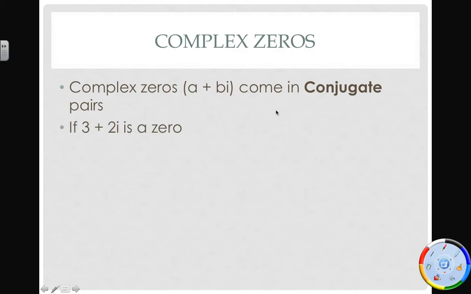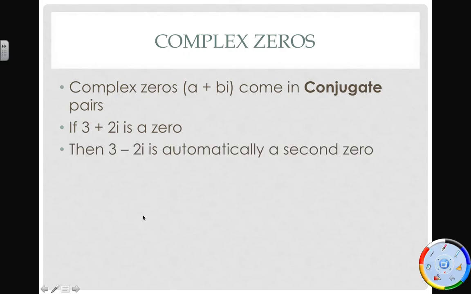And the conjugate just means, let's say 3 plus 2i is a 0. That means 3 minus 2i is automatically a second 0. And this is handy for us because it is going to help us solve if you're given an imaginary number as an answer.